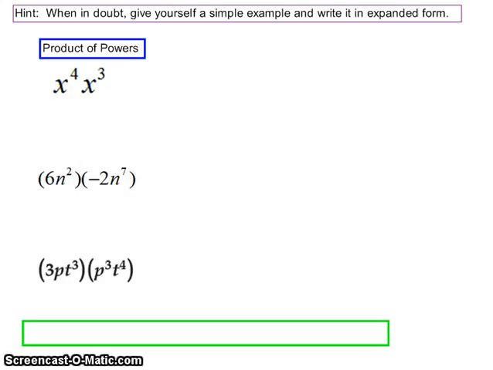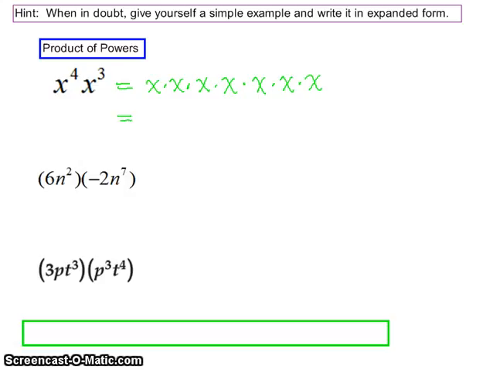When in doubt, give yourself a simple example and write it in expanded form. Let's see if we can figure out this rule. x to the fourth means x times x times x times x, and x to the third means x times x times x.